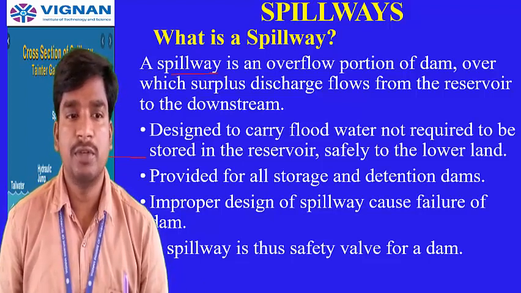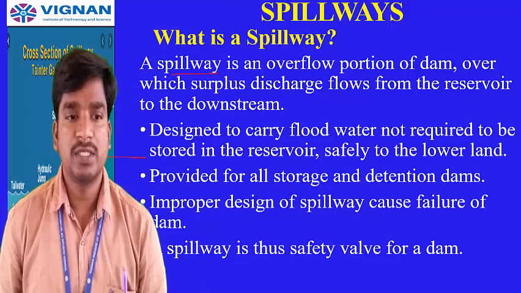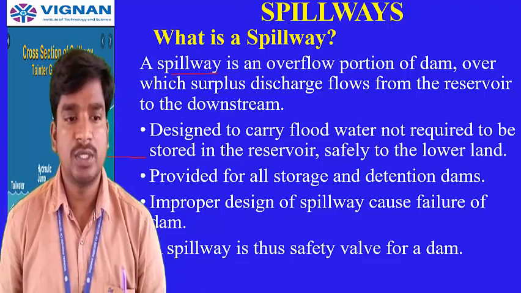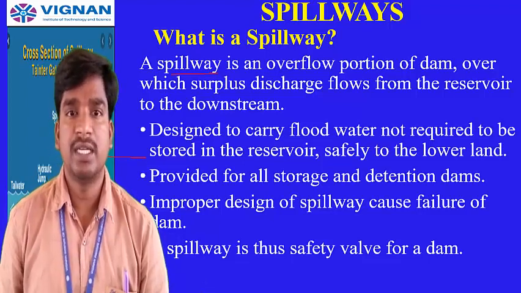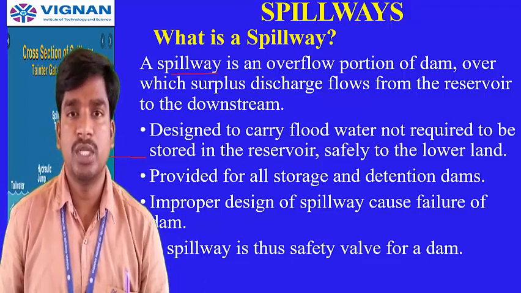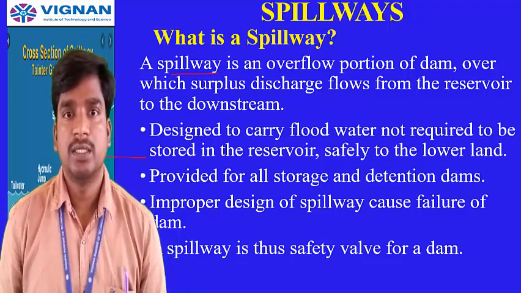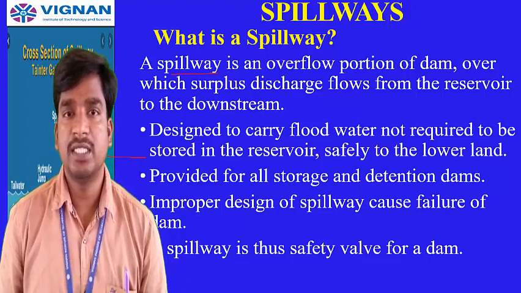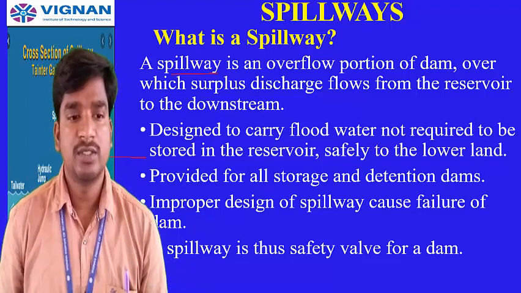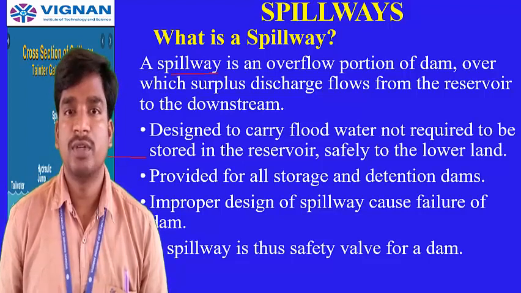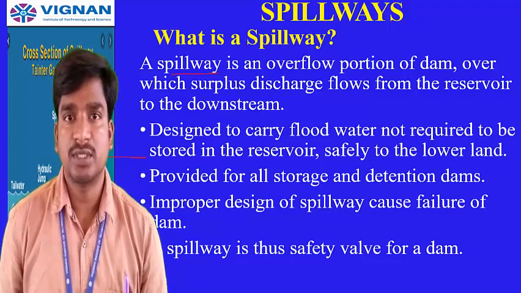Here the surface is curved like this, and towards the downward side the curvature is also maintained, so that energy dissipation will take place at the stilling basin. So the curve is maintained for the energy dissipation of water.